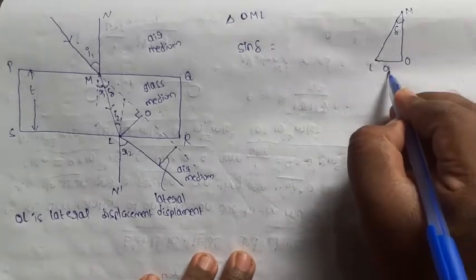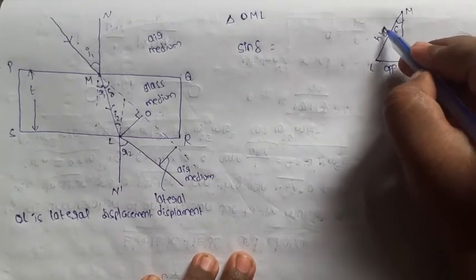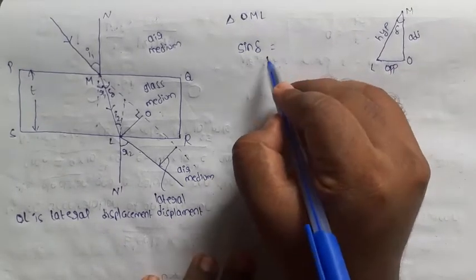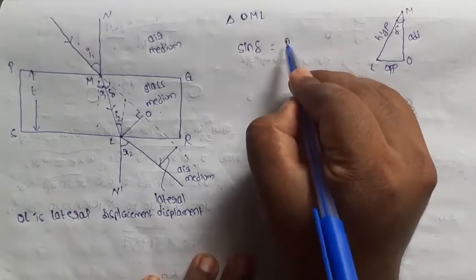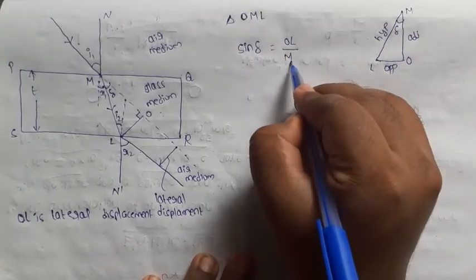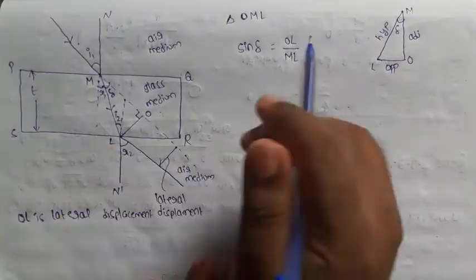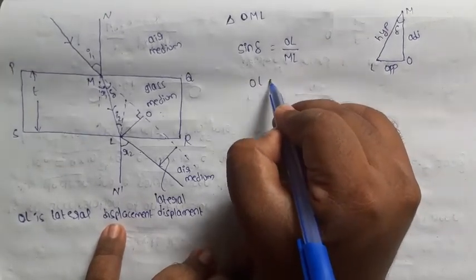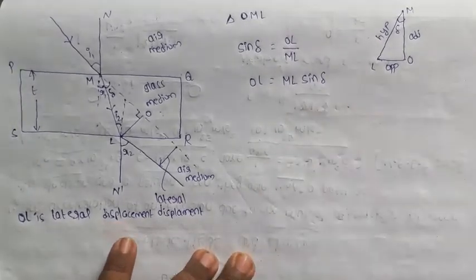OL is the opposite, ML is the hypotenuse and MO is the adjacent side. Apply the sin theta formula, opposite by hypotenuse. So OL by hypotenuse ML. I want to find the OL value, which is the lateral displacement. OL equals ML sin delta.